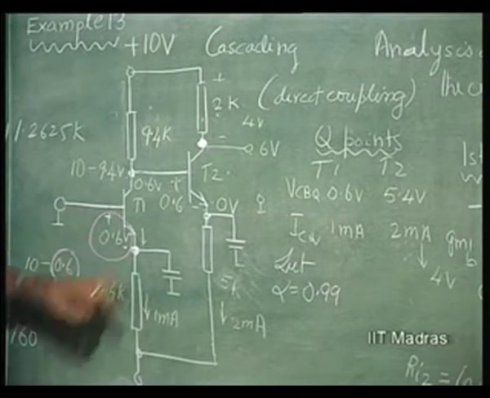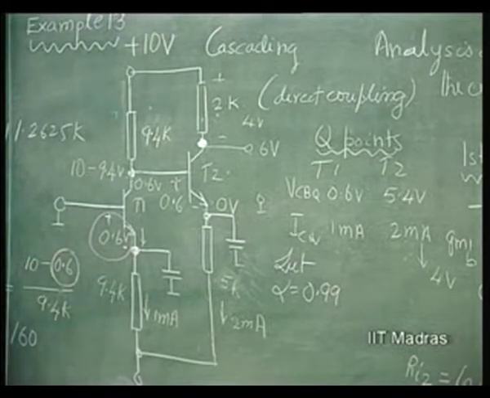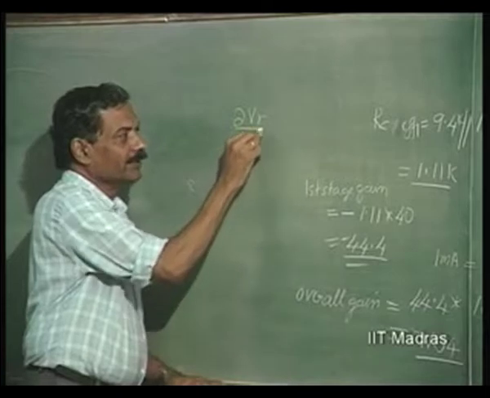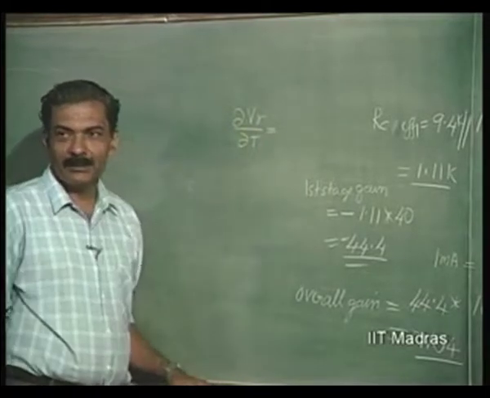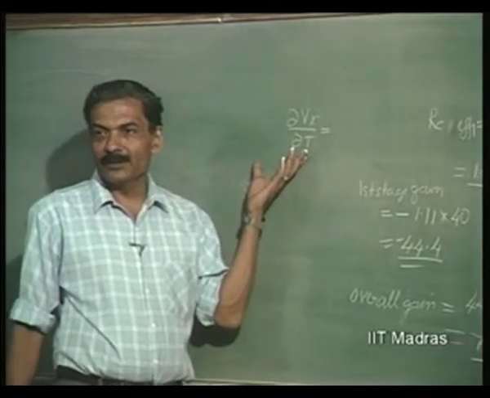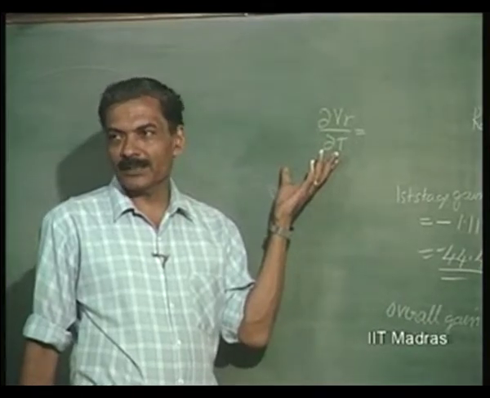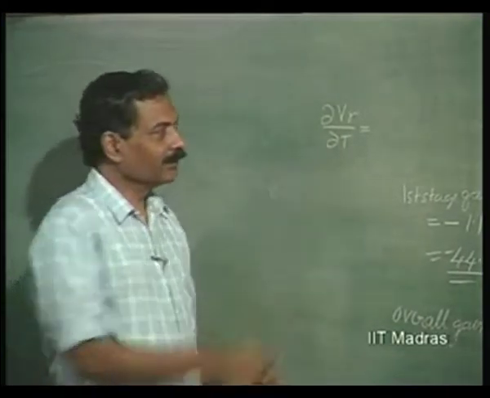This diode drop is strictly not constant with respect to temperature. We had discussed this when we discussed the diode example, and delta V gamma by delta T is typically minus 2.5 millivolts per degree centigrade. We remember we use this for a temperature transducer.